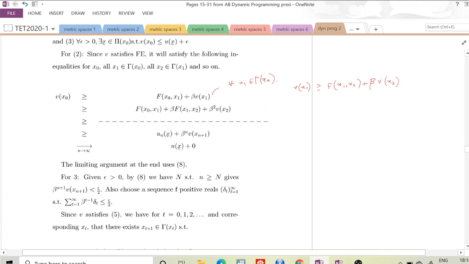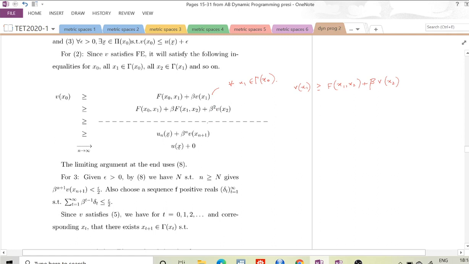And so if we replace the V of x1 with the right hand side here, we get a greater than or equal to sign. So that's greater than or equal to f of x naught x1 plus beta times f of x1 x2 plus beta times beta V of x2. Just keep unpacking it over n steps.